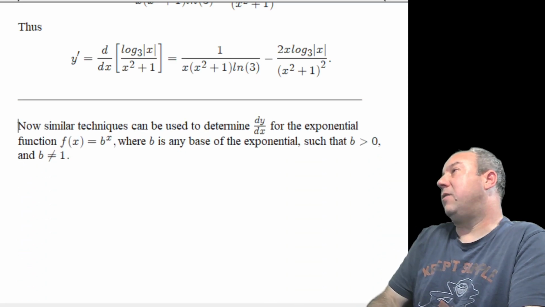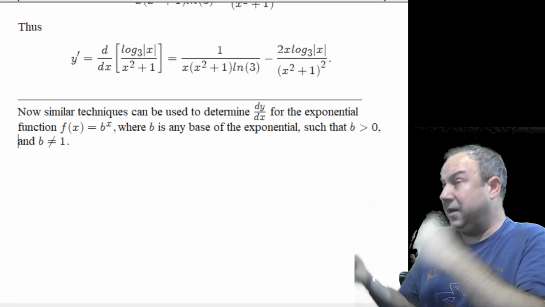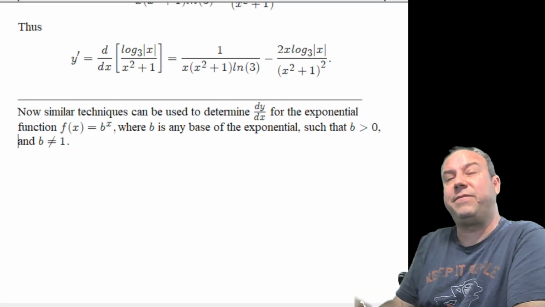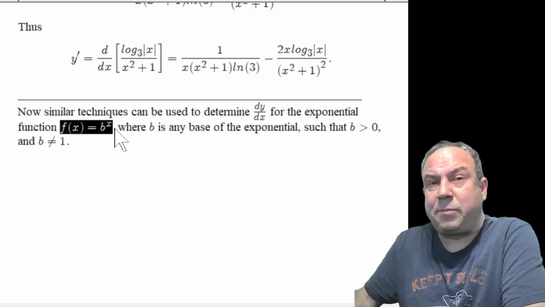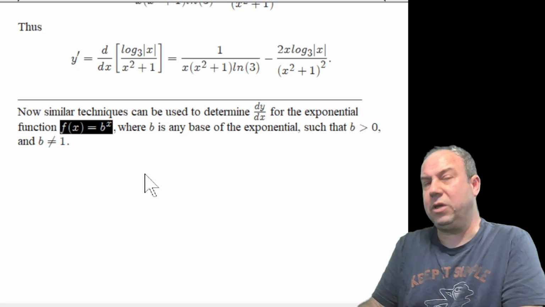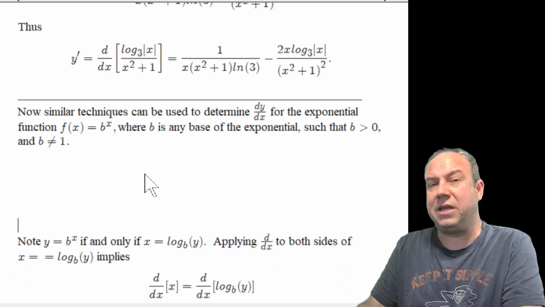And that's what we now consider. And we do see similar techniques applied to what we've done above for the case of finding dy dx for f of x equals b to the x power.